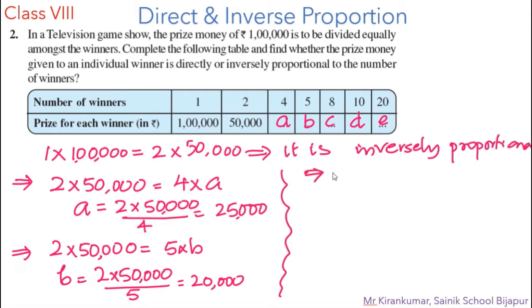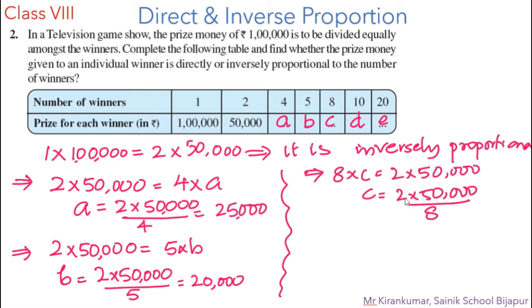Similar way, when we have 8 times C, I can equate it to 2 times 50,000. So C will be 2 times 50,000 divided by 8, which is 12,500. Same way, 20 times E will be equal to 2 times 50,000.